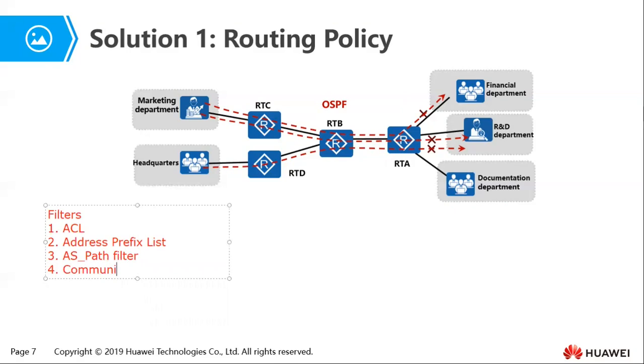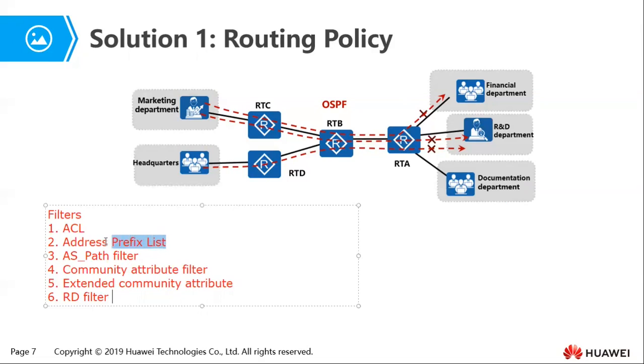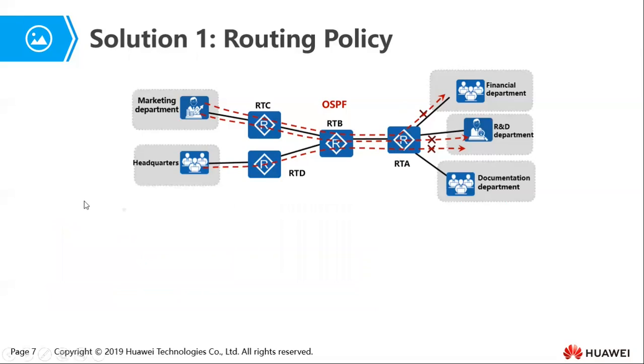You can also use the community attribute filter. You can also use extended community attributes. And there's also another one called the RD filter. So these are some of the filters. In this particular topic, we are going to look at ACL and prefix. So this is access control lists and prefix lists.